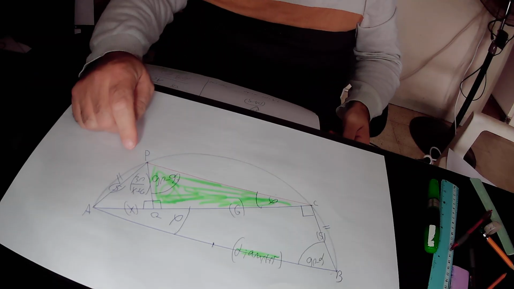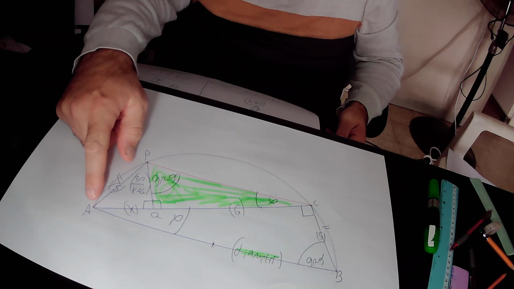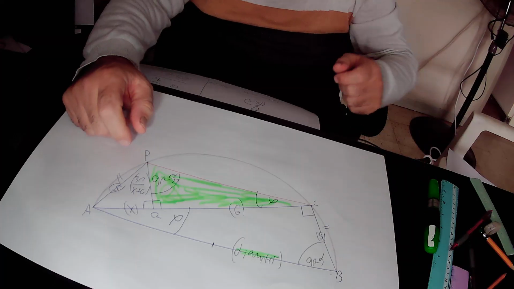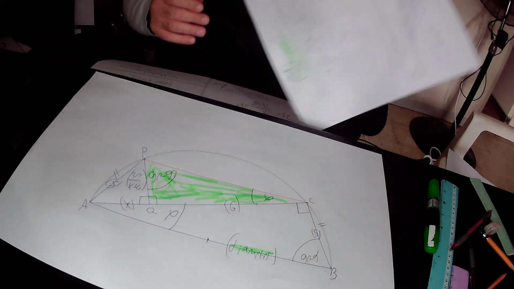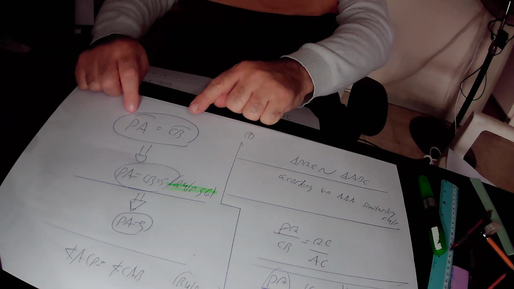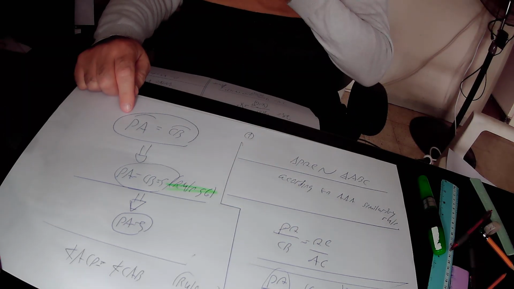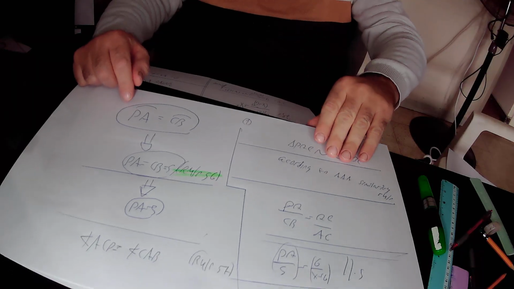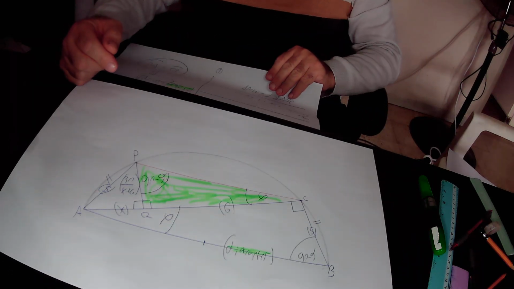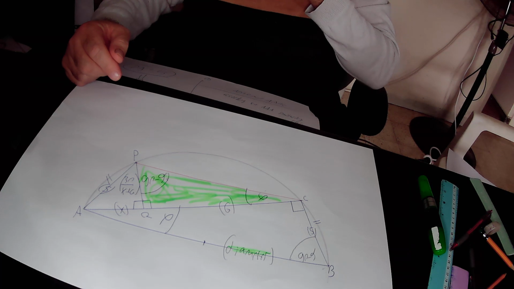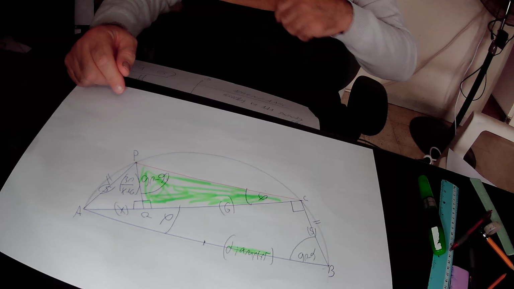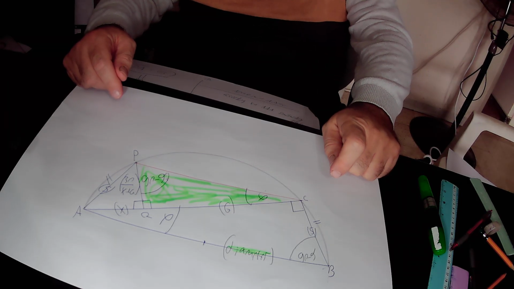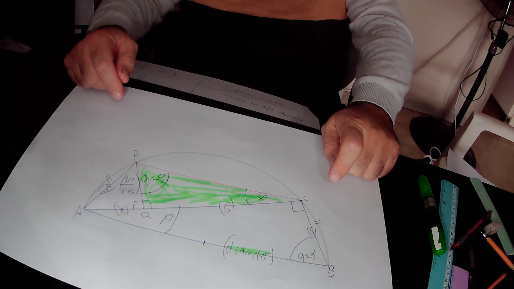In addition, it is given in the question that arc PA equals arc CB in length. Therefore, we can implement here Rule 56. According to Rule 56, if two arcs in a circle or a semicircle are equal to each other in length, then their corresponding chords must also be equal to each other in length.